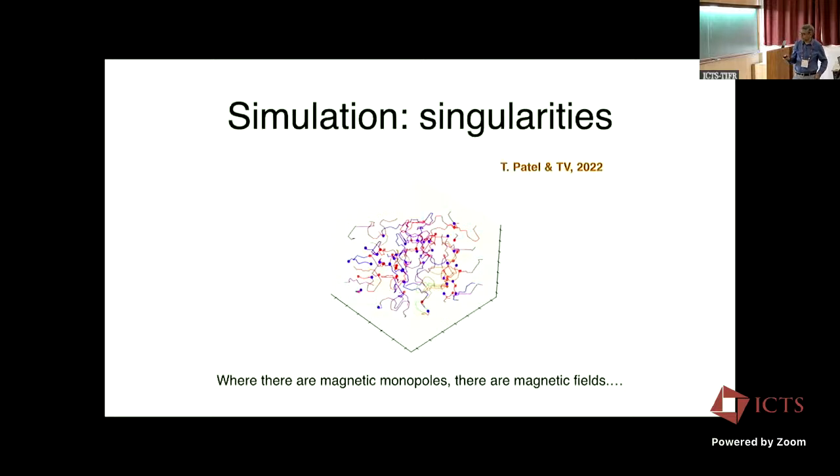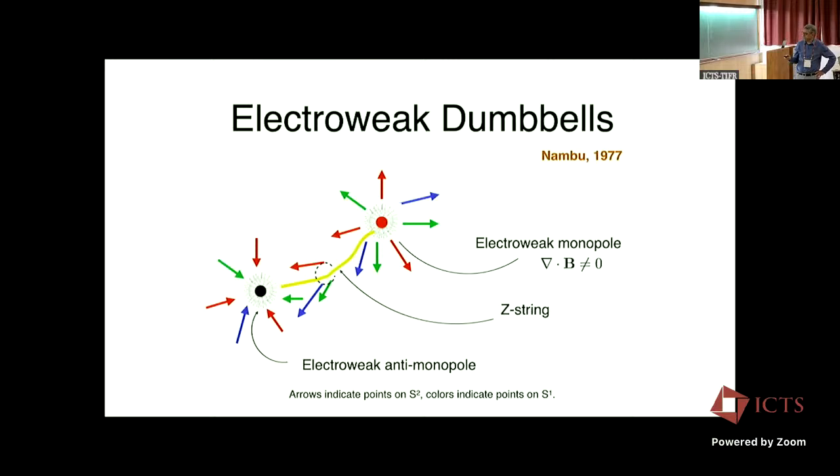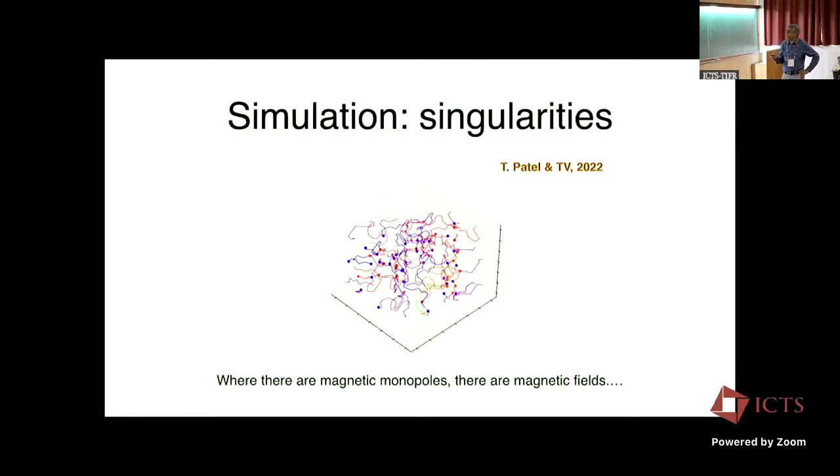But there is a way to discuss the existence of these monopoles and the strings in a topological way by considering the Hopf fibration. Using that, we've simulated the distribution of these strings based on random distributions of the Higgs parameter, and we get a tangle such as this. The blue dots are monopoles, the red dots are anti-monopoles, and then there are strings connecting them.